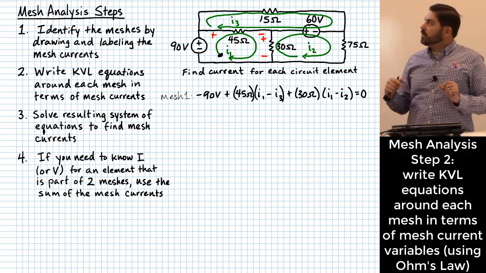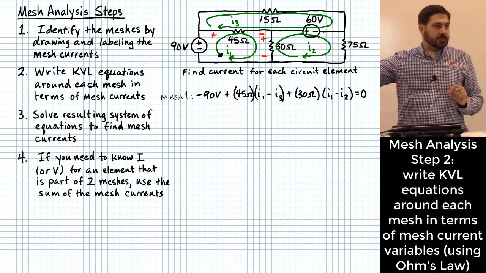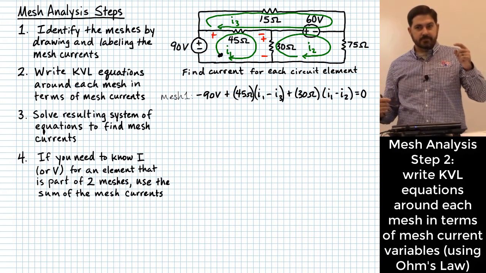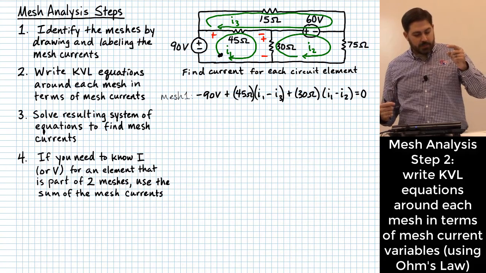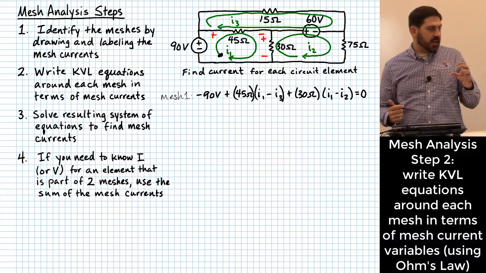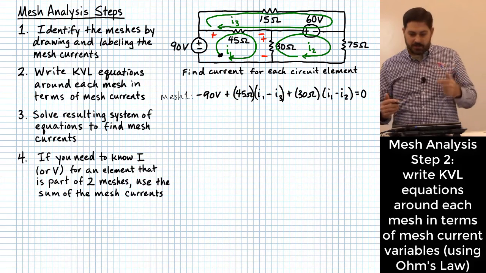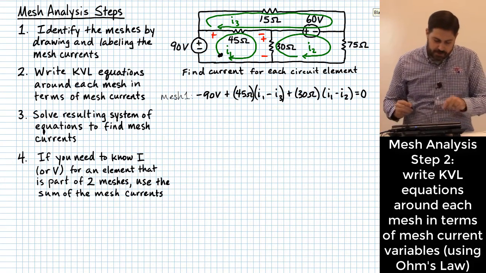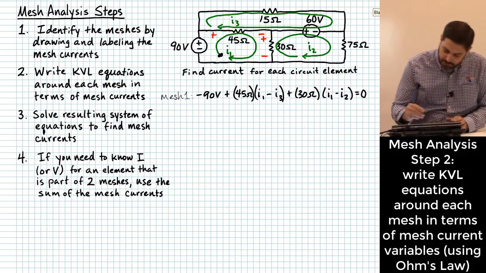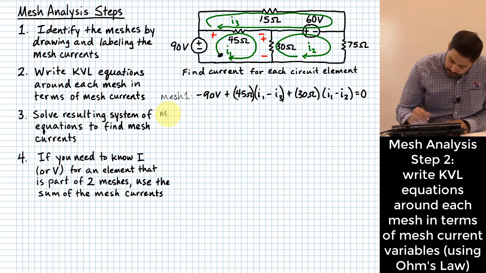Are we to step 3 yet, or have we finished with step 2? Yeah, we are not done writing all of our KVL equations for all of our mesh loops, right? So let's finish up with step 2 before we move on to step 3. So what about mesh 2?